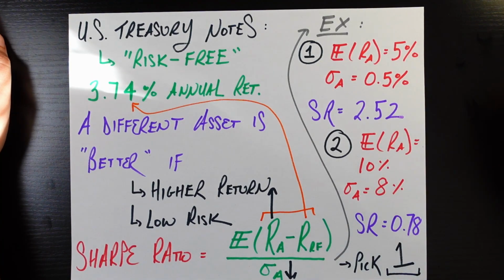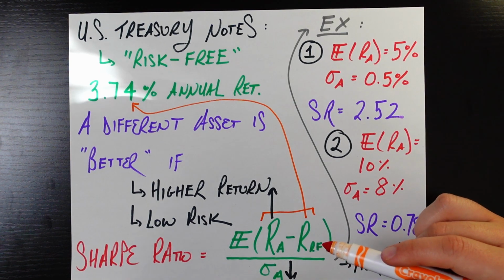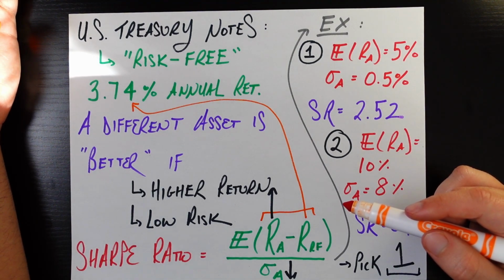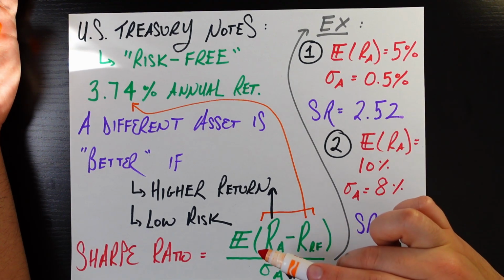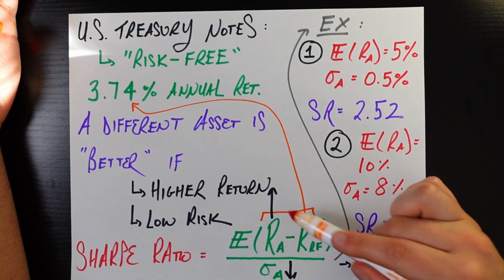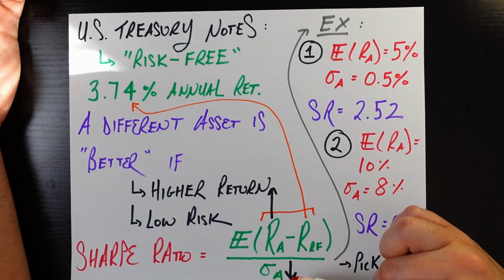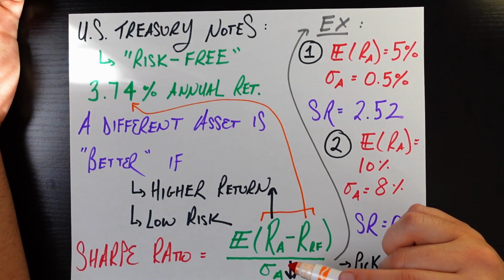The other main drawback of the Sharpe ratio we can see by just looking at its simplicity. Again, as I mentioned at the beginning of this video, this is a simple method, and that simplicity can be a con. If you look at this formula, all it's taking into account is the expected value of your stock's return and the standard deviation of your stock's return. We just had a whole video on why means and standard deviations are not enough in statistics.